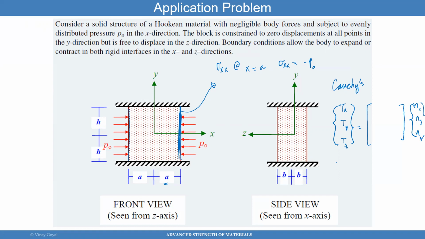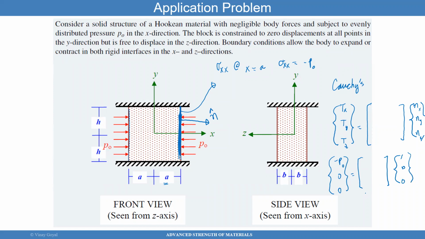So what do I have? The load applied is minus p naught, 0, 0, equal to the stress tensor times the normal to this surface. That normal n hat here is 1, 0, 0.